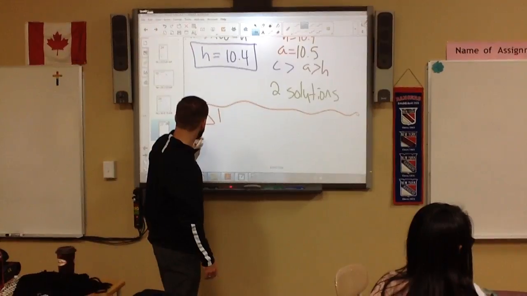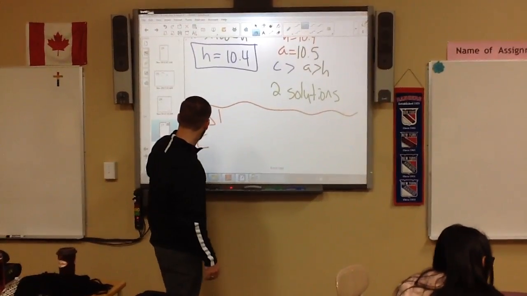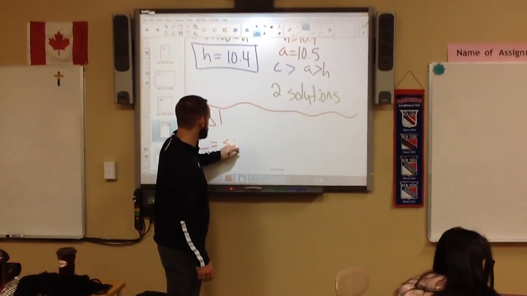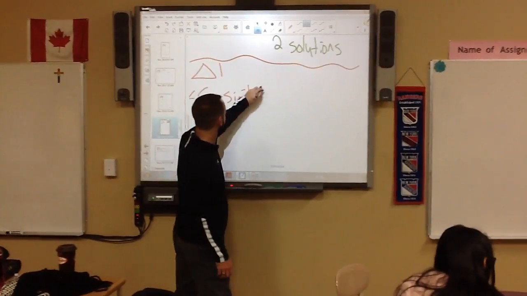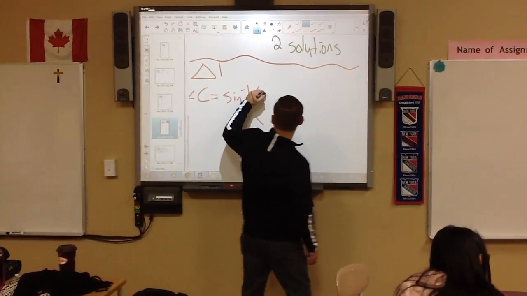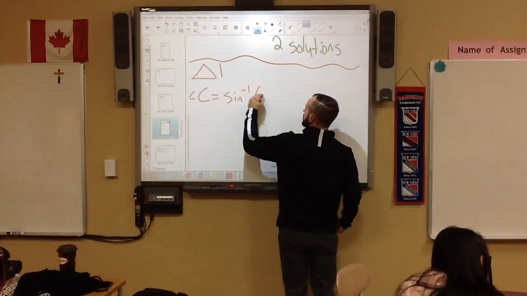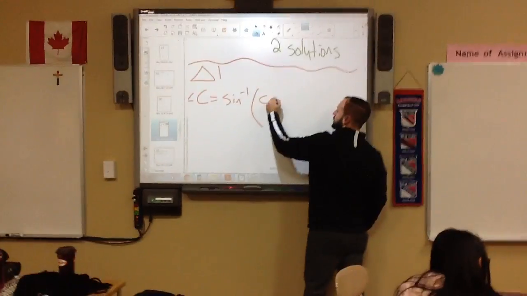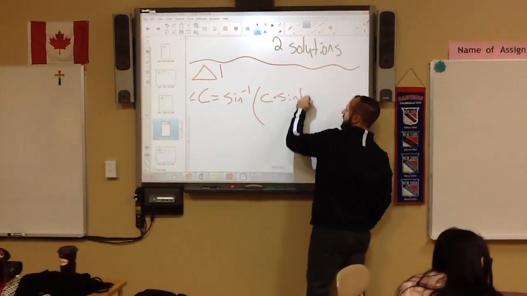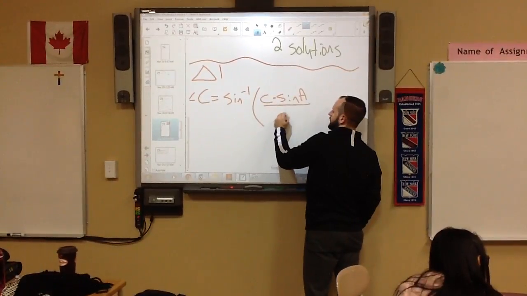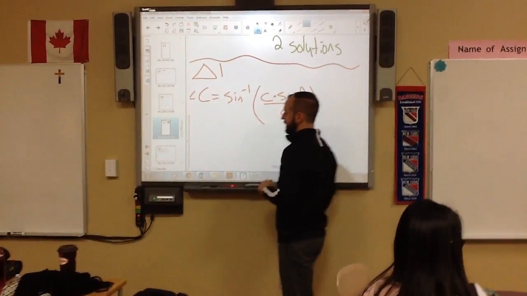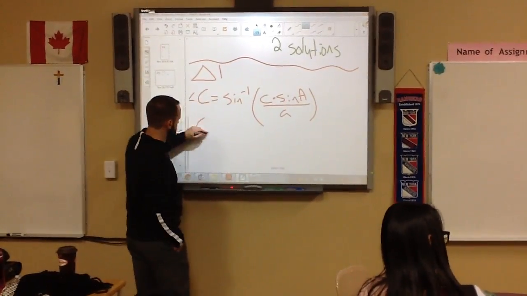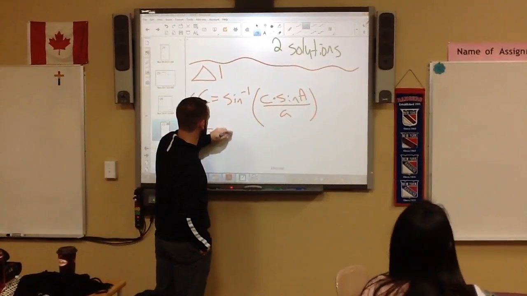I'm looking for angle C. That's equal to the inverse of sine of the side that I'm given multiplied by sine of A divided by side A. So C is equal to the inverse of sine.